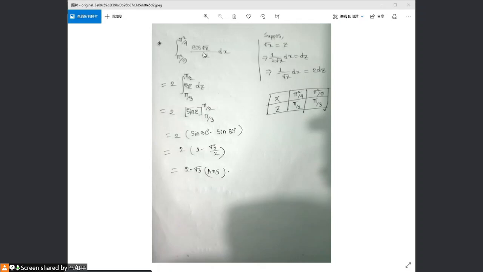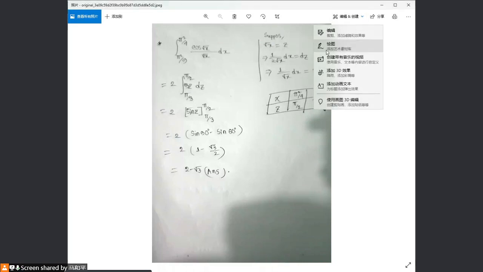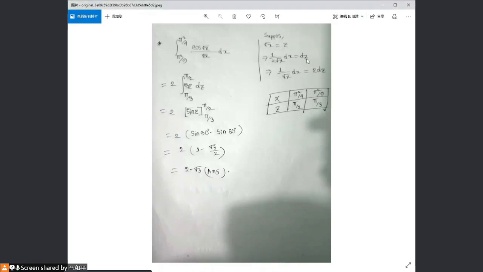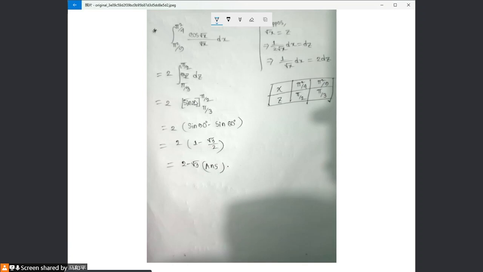And this is the cosine z, here this part is cosine z.